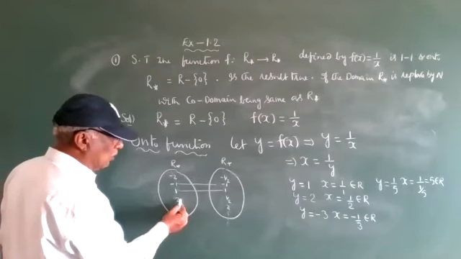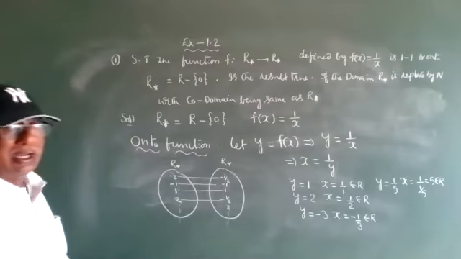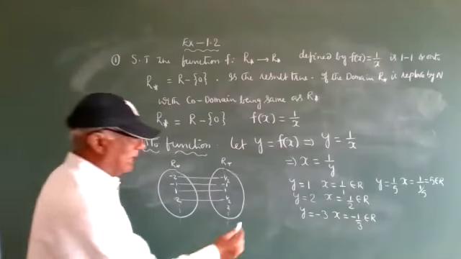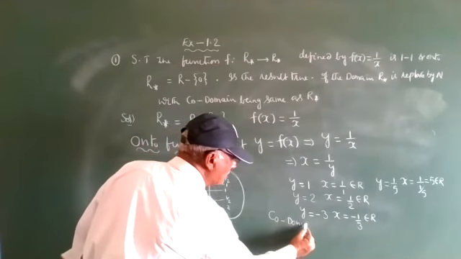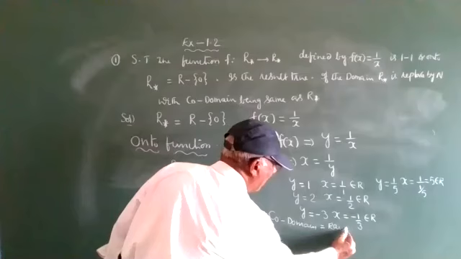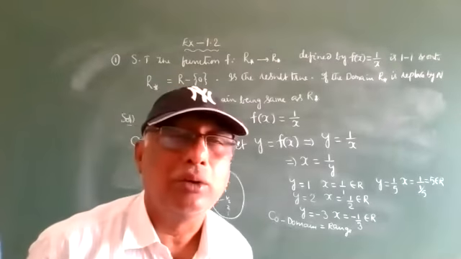So we get 2, 1 by 2, minus 2, minus 1 by 2. All elements we have. Therefore, codomain is equal to range, and it is an onto function.